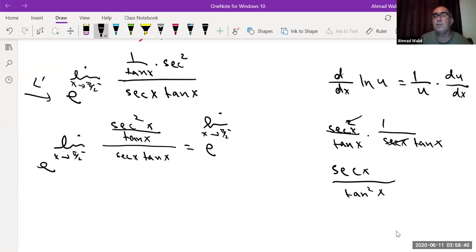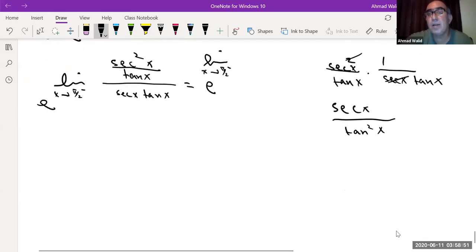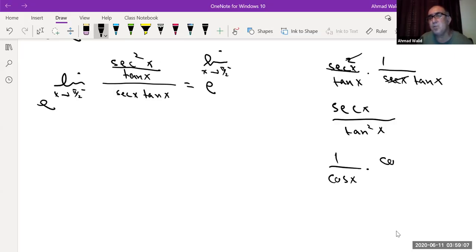Simplify more. Instead of tan squared x, you can write sine squared over cosine squared. And instead of secant x, you can write 1 over cosine. Then 1 over cosine x times, here, tangent squared means sine squared over cosine squared. Then flip it, it gives you cosine squared x over sine squared x.